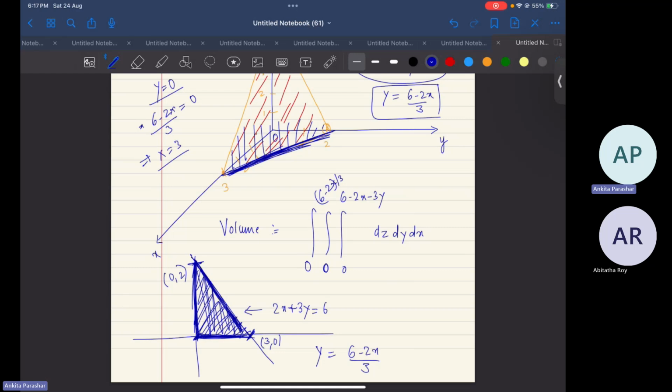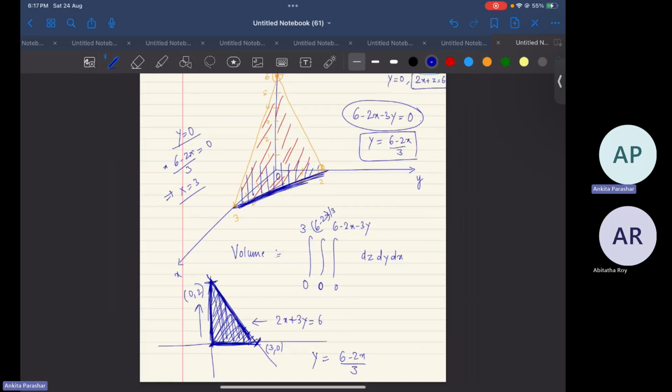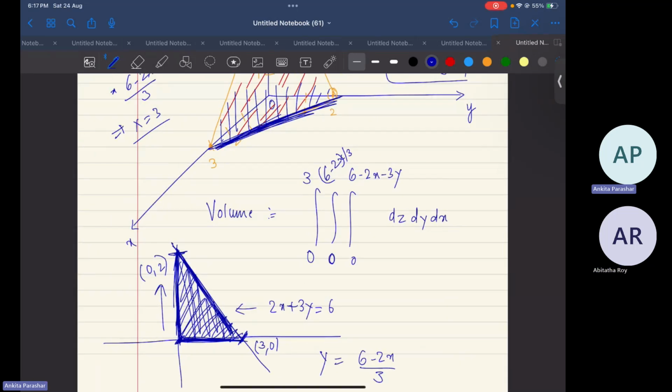And for x, you either go from 0 to 3 here, or you can change the type and go for y from 0 to 2. So x goes from 0 to 3. Is this okay? So this is how you have to determine this region. Of course, you have to make sure that the region is bounded by the line.